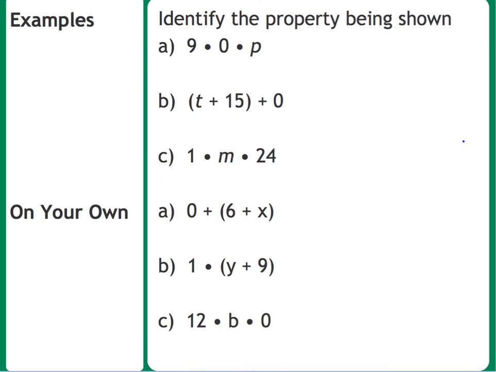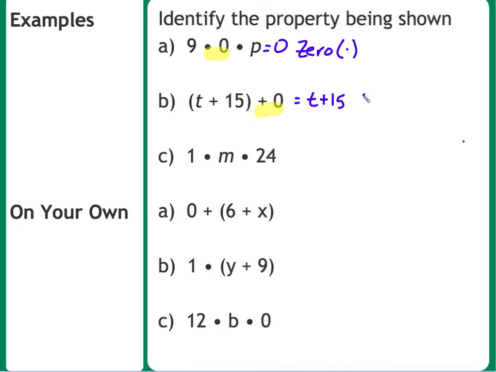So let's identify these real quick. If we multiply anything by 0, we're going to get 0. Let me write it equals 0, which tells us the 0 property of multiplication. The second one, if we add anything to 0, we end up with that same thing.